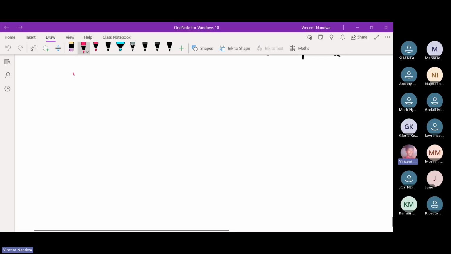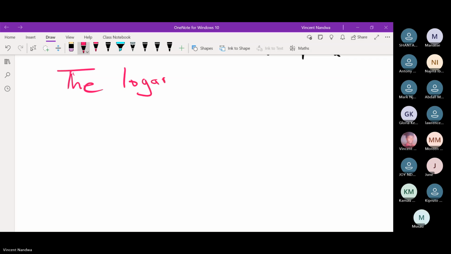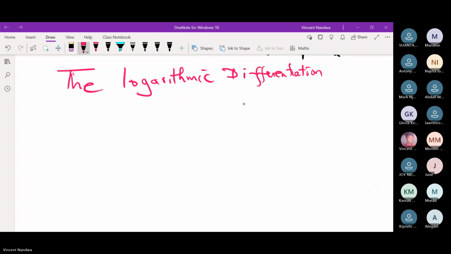Rules of differentiation. So the next rule of differentiation is what we call the logarithmic. So logarithmic differentiation.